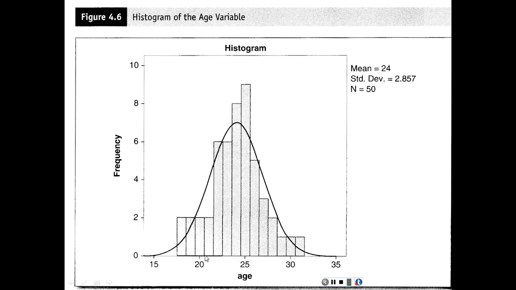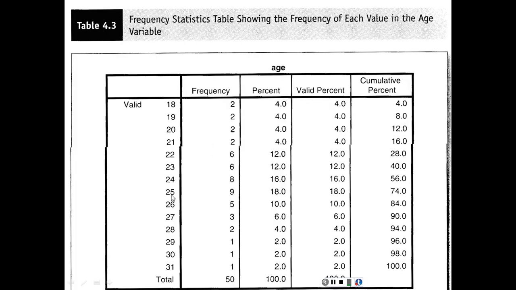So notice that the tallest bar here is about 9 units tall, and this is because the number 25 occurs 9 times in the data set. Remember, we looked at that just now. So it occurs 9 times in the data set, our 25-year-olds.